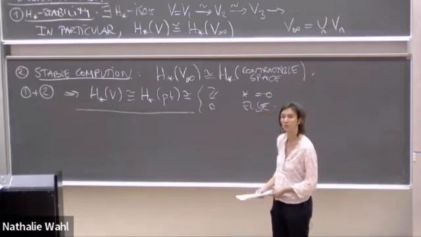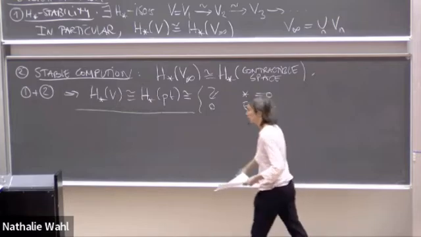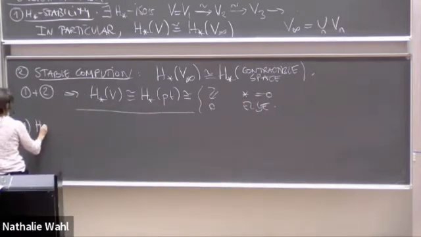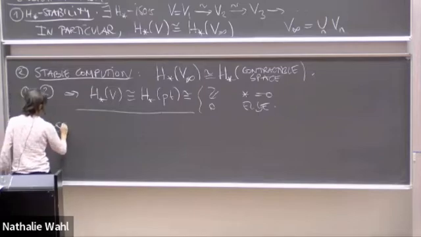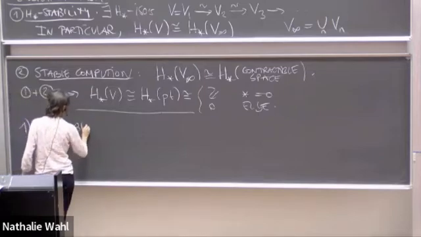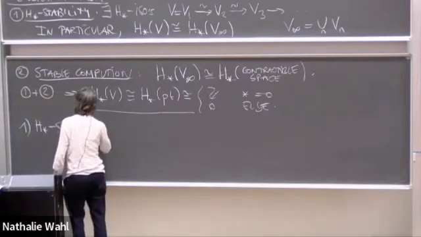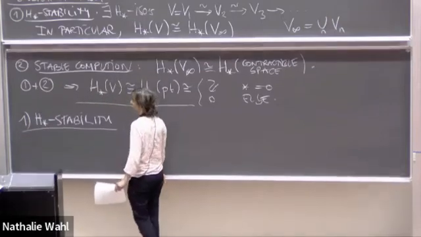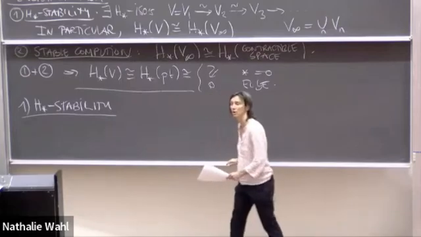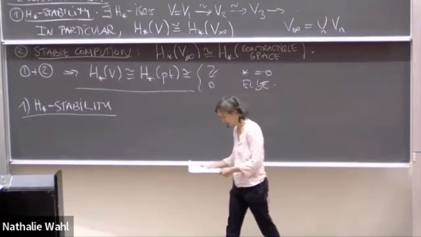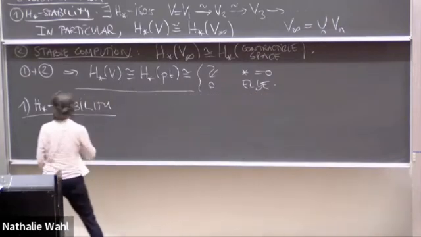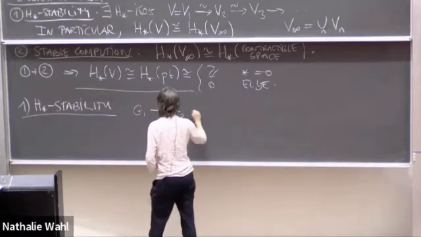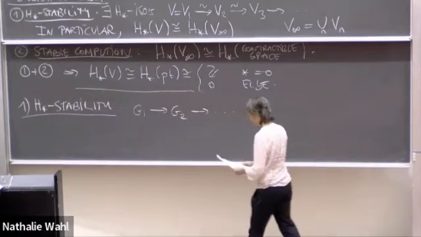And to begin with, I would like to say something about homological stability more generally. Okay, so homological stability, something about a sequence of, in our case, groups. So I have a sequence G1, G2, and so on.